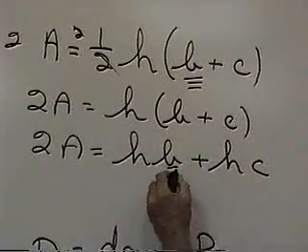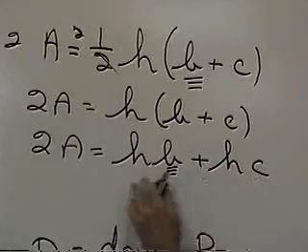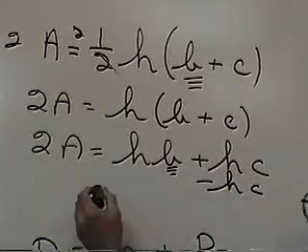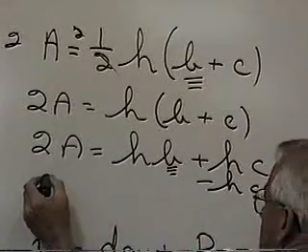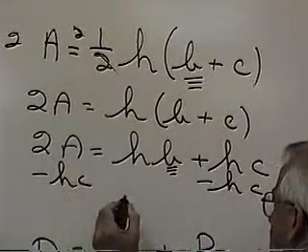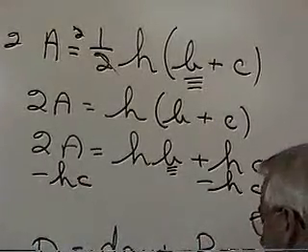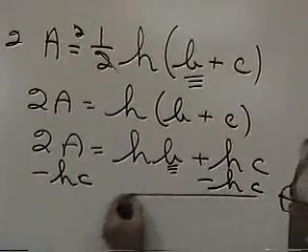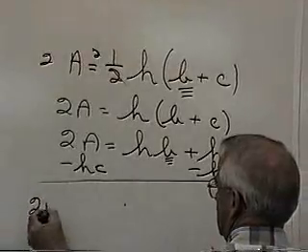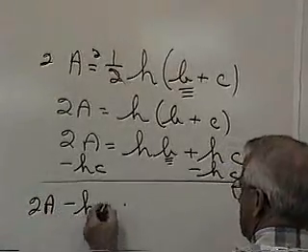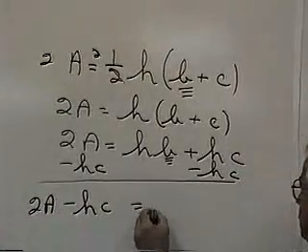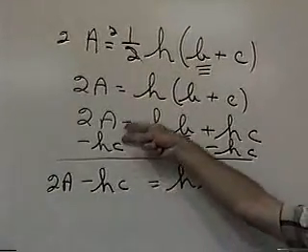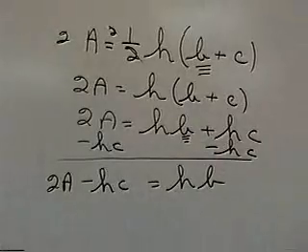Now we're still solving for b, so that says move everything to the other side. Well, we need to subtract this from both sides. All right? So that gives us now 2a minus h times c is equal to h times b. In other words, I can't combine these, so I just write them down.